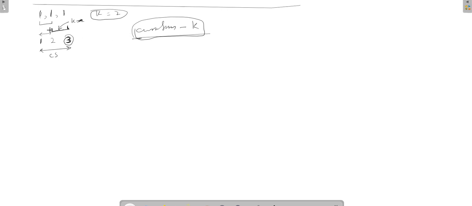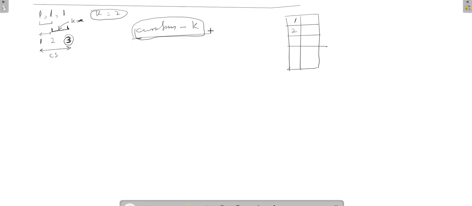Now, of course, we have to check whether we have seen this first or not. How do we do that? Well, for that we use the map. In the map, we'll save the cumulative sum up to this point at every point. So first we're going to save 1, then we're going to save 2.